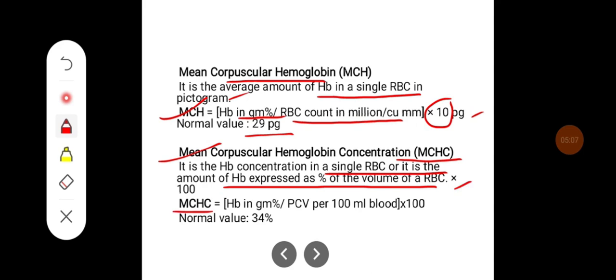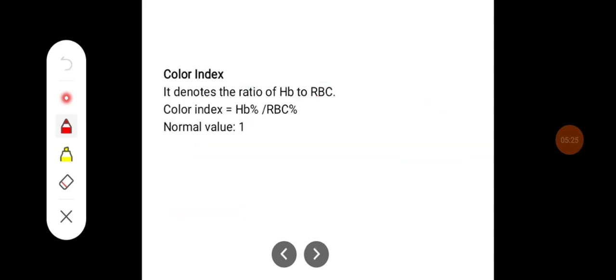So MCHC can be given as the hemoglobin in gram percentage divided by the packed cell volume per 100 ml of blood into 100, which gives the MCHC value in percentage. Normally it is around 34%. Then color index denotes the ratio of hemoglobin to RBCs. So the normal value is around 1.